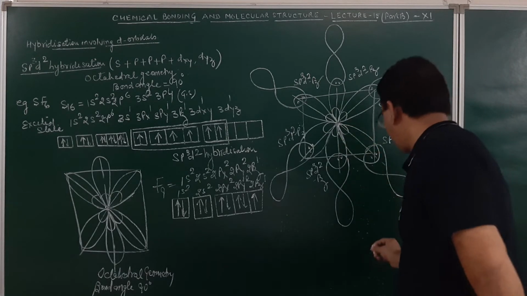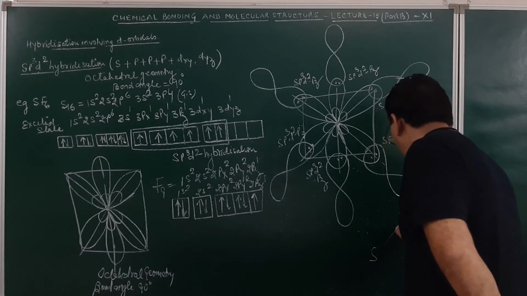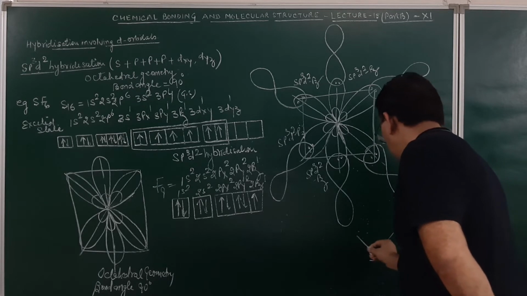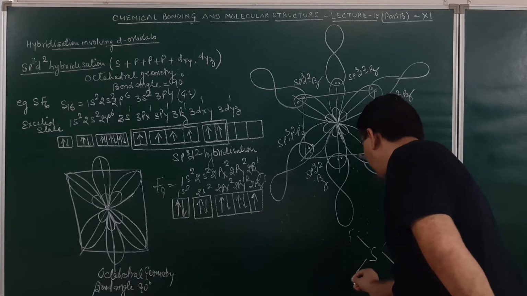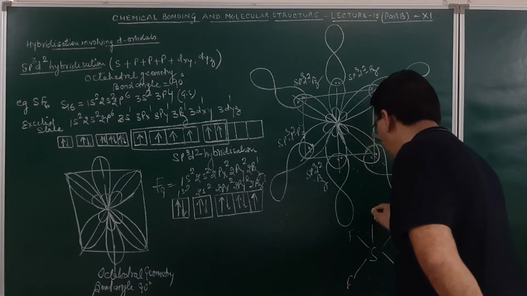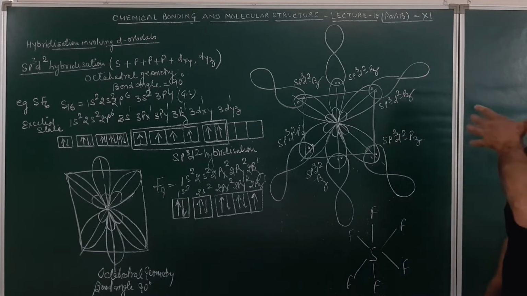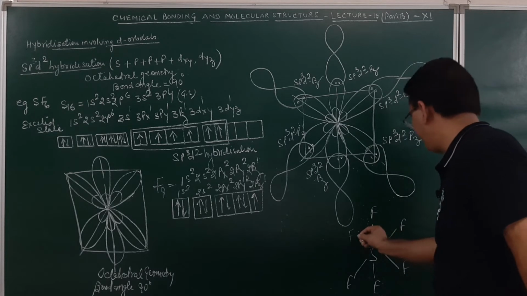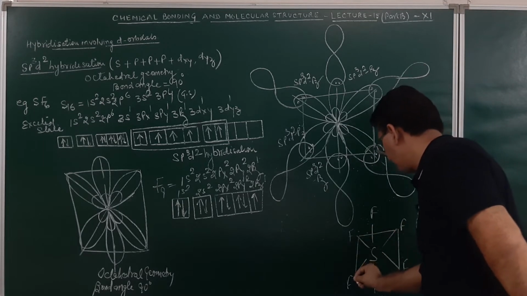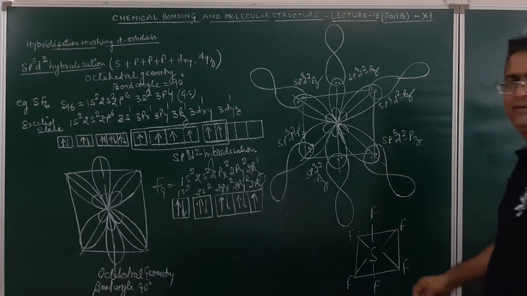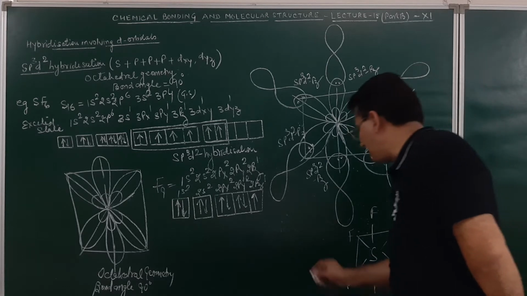This is sulfur, fluorine, fluorine. This again will be fluorine, fluorine, fluorine and fluorine. This is the octahedral geometry. Yes? So it adopts what geometry?